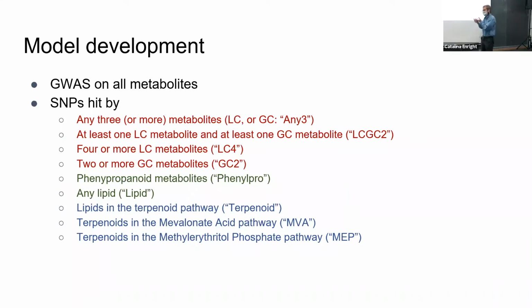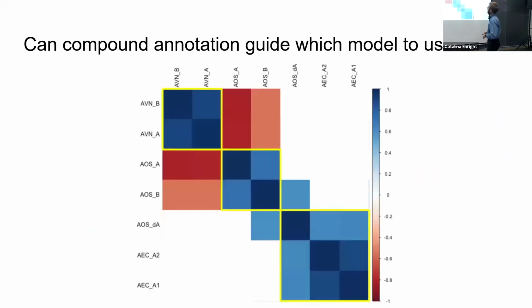On the other hand, if it doesn't overlap, if the causal loci for the particular metabolite, say, doesn't overlap with its GC2 model, then it should be poorly predicted by that model. And so what you're going to have for any given metabolite is a kind of natural ranking of the accuracies of these models according to how well they capture the causal space of the metabolite.